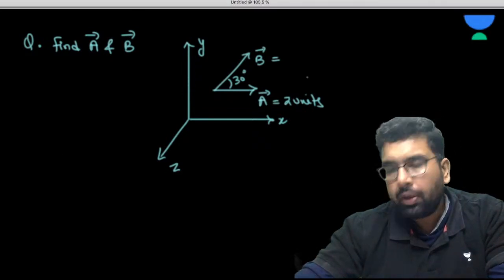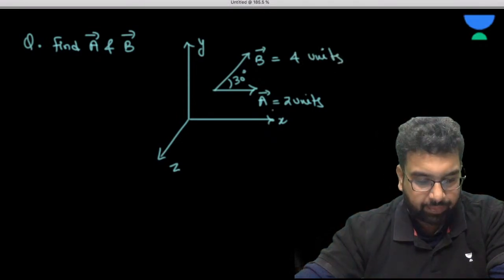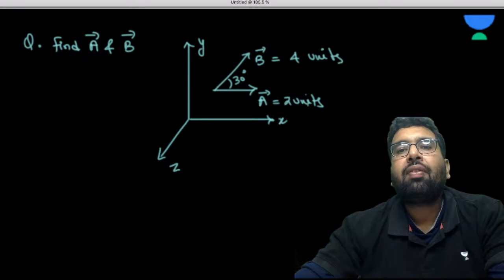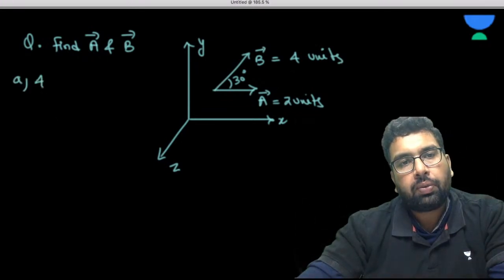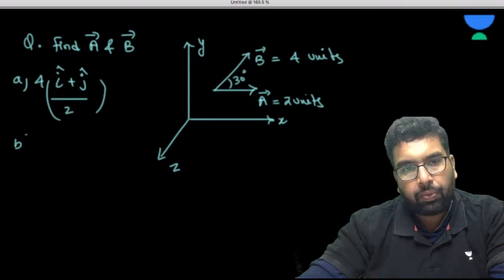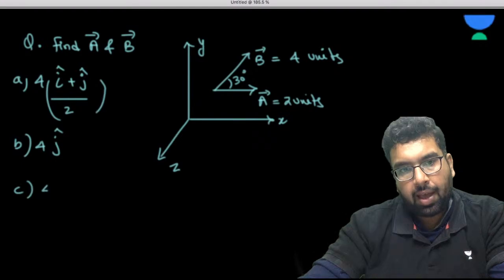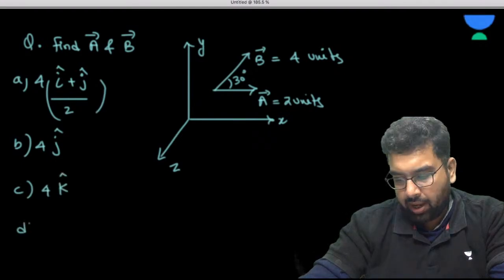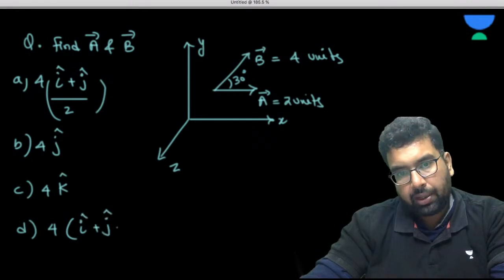Okay, I'll continue. So this is going to be 4 units. We have A vector, we have B vector, we have to find A and B. So it is 4 i cap plus j cap by 2, we have 4 j cap, we have 4 k cap, and then we have 4 i cap plus j cap plus k cap root 3.